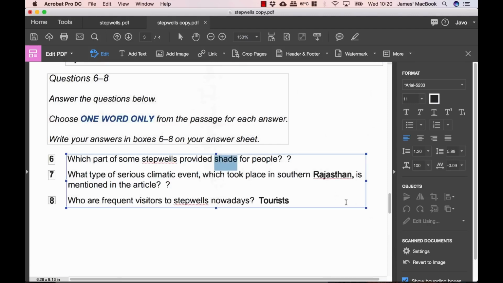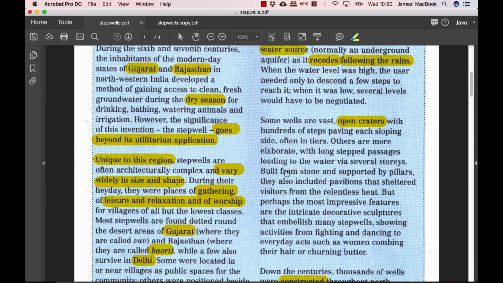Okay, which part of the step provided shade? Now we've got this word shade. And I think I saw something here. That sheltered visitors from the relentless heat. So, pillars that included pavilions that sheltered.